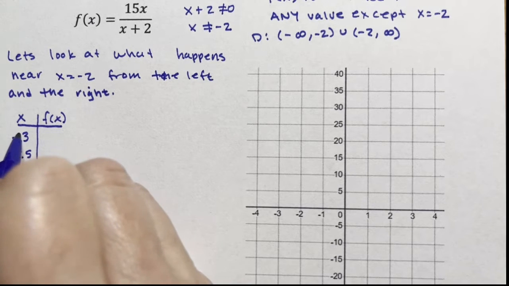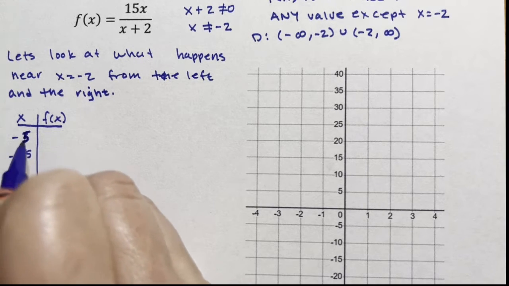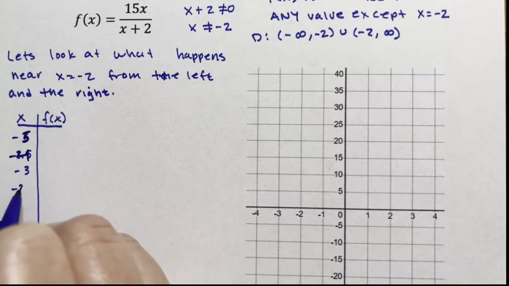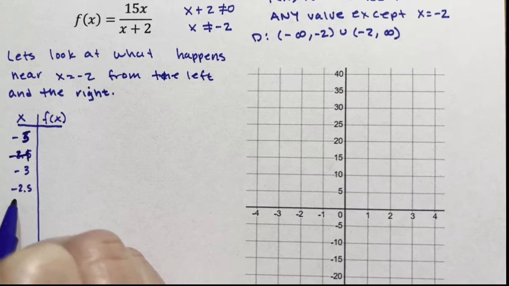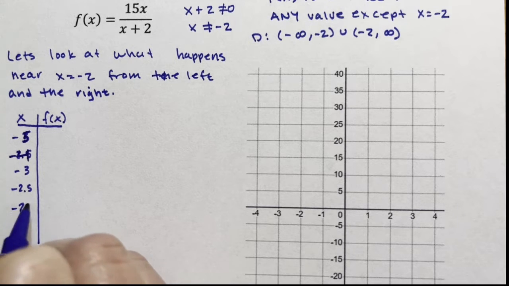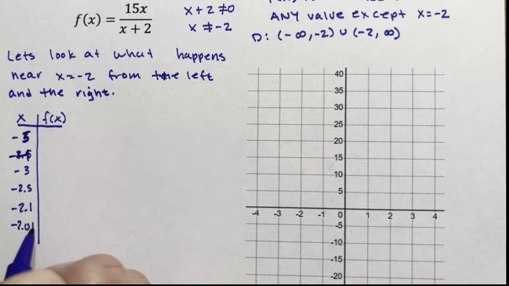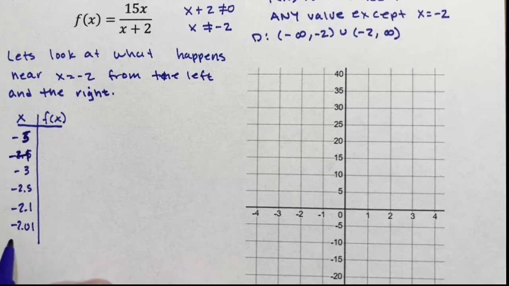Let's look at negative 5, then negative 4, then negative 3, then negative 2.5, then negative 2.1, then negative 2.01, and negative 2.001. And from there, we'll see if we want to go further.